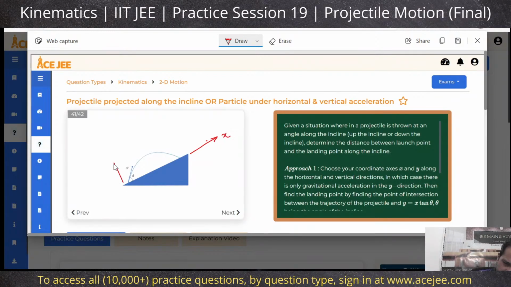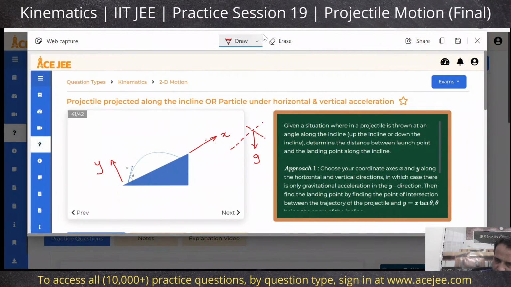So this is x, this is y. Now, to begin with, let's figure out what is the acceleration along the x-axis and along the y-axis. Can somebody tell me, if I take this point, if I draw, let me choose a different color, this is my g.